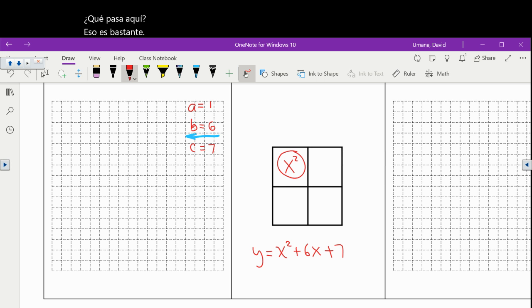Question, if that's x squared, then what's here? And? Right, so far so good. Now I have to figure out what goes here and here. To get the 6, I have to do what?